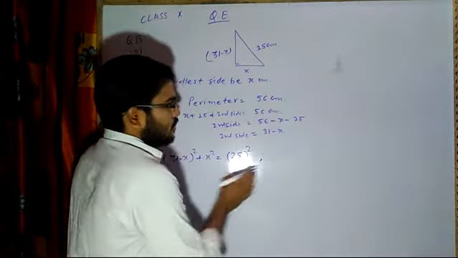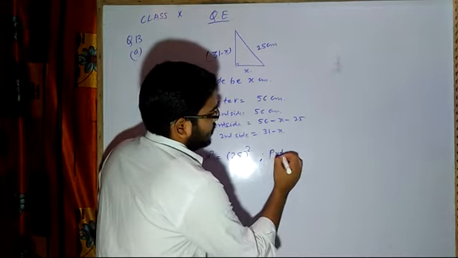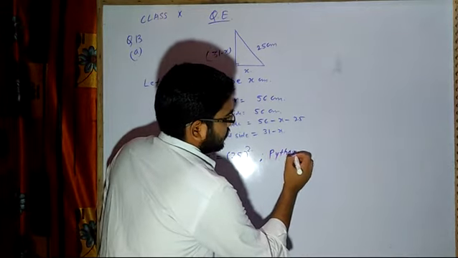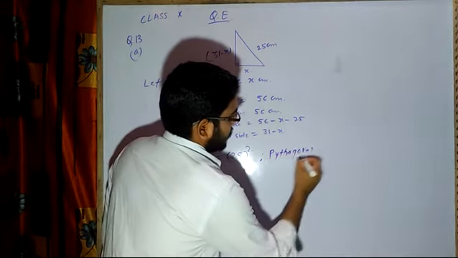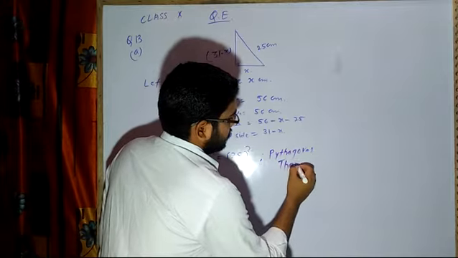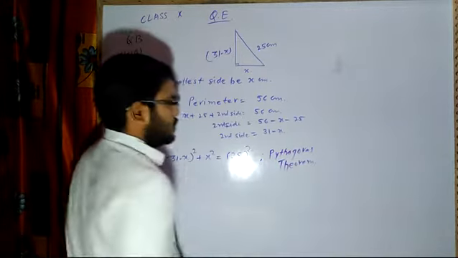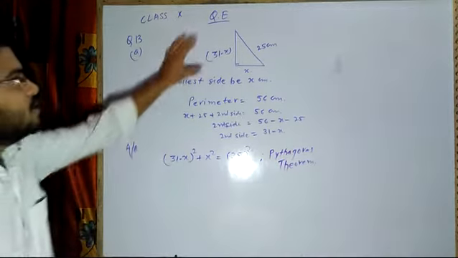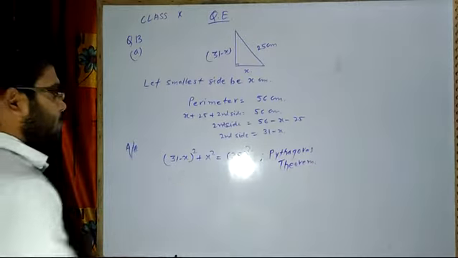Those who don't know the formula, you can write the reason also, Pythagoras theorem. Correct? By using Pythagoras theorem, the sum of squares of two sides is equal to the square of the third side, called the hypotenuse.